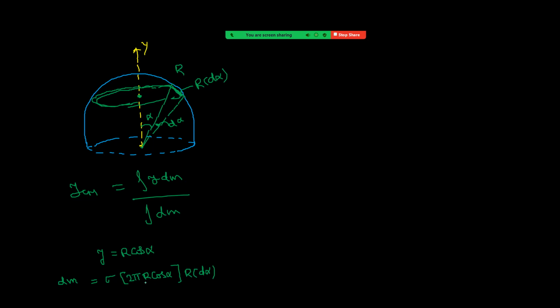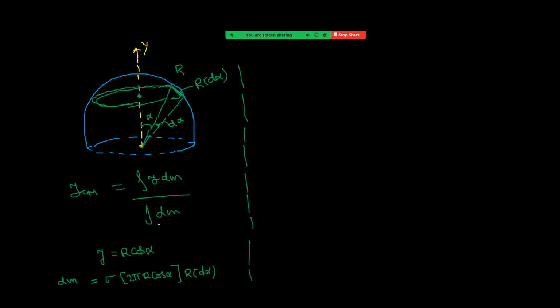So same logic we have taken earlier, right? In the first case, while taking the semicircular plate, okay. So this is length and this is breadth. Length into breadth, that is area. Area into mass per unit area. This is now dm. Now substitute there.